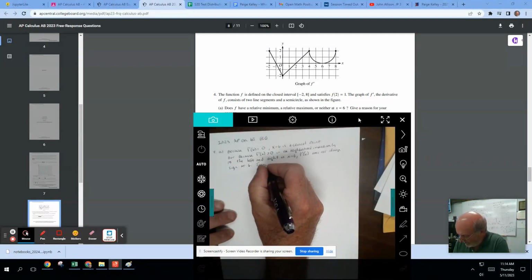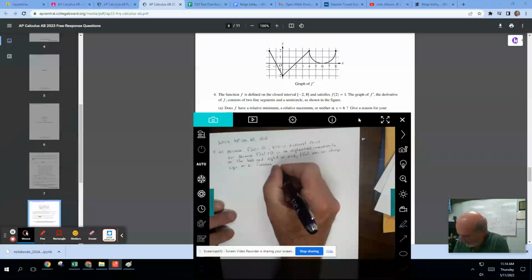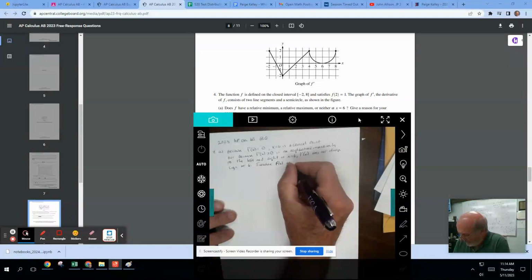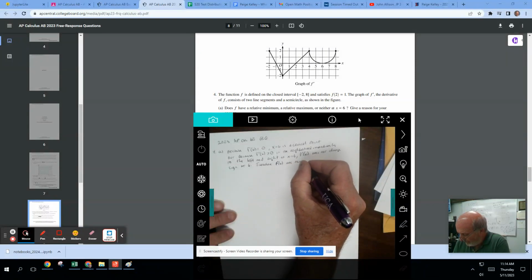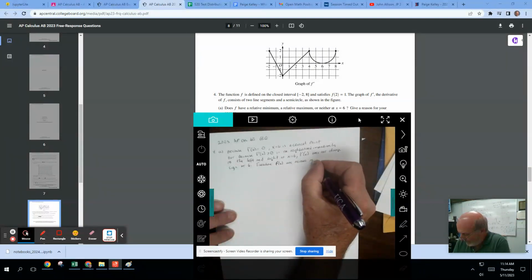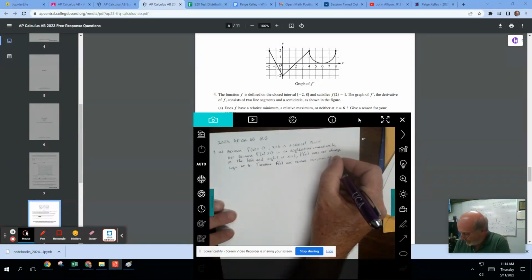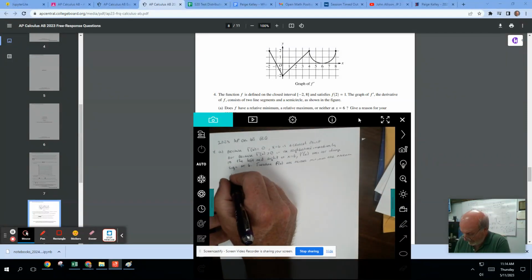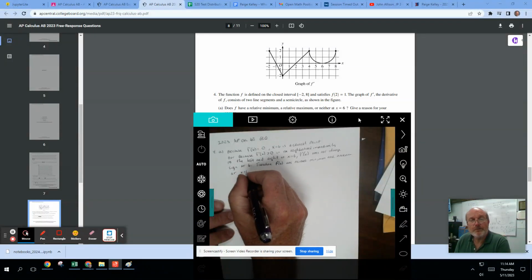Therefore, f of x has neither minimum nor maximum at x equals 6.